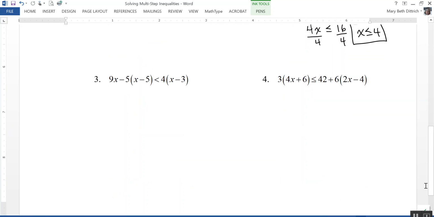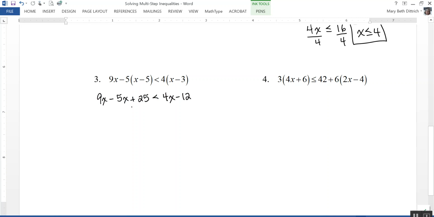Our next example, number 3, is 9x minus 5 times the quantity x minus 5 is less than 4 times the quantity x minus 3. First step is I'm going to distribute. I'll just have my 9x here, and I'm going to distribute a negative 5 to the x, so negative 5x, and a negative 5 to another negative 5, so negative 5 times negative 5 gives me a positive 25 is less than 4x minus 12, distributing that 4.